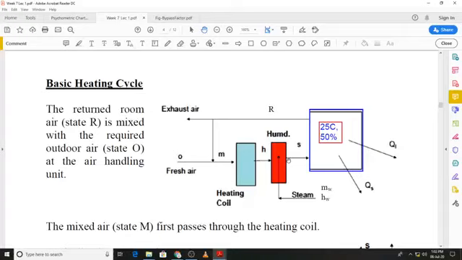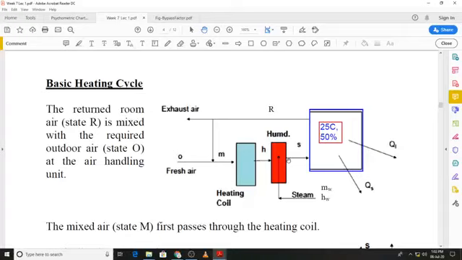When it is occupied, there is a buildup of carbon dioxide. When people breathe out, there is odor that is also generated. Then the various equipment or furnishings also release chemicals slowly over time, even carpets, paints, etc. in the wall. So if we keep on using the same air over time, those contaminants will build up, and that is not desirable.